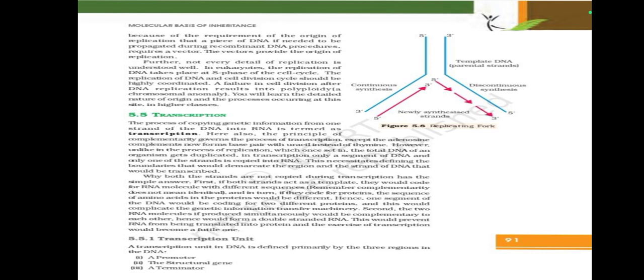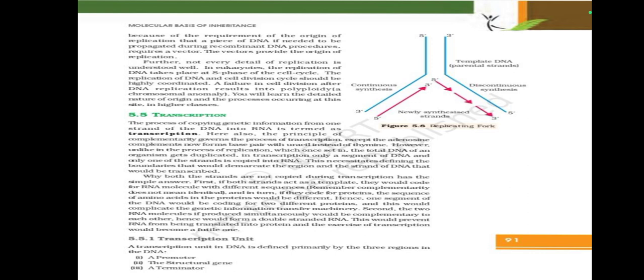This necessitates defining the boundaries that would demarcate the region and the strand of DNA that would be transcribed. Why both the strands are not copied during transcription has the answer.